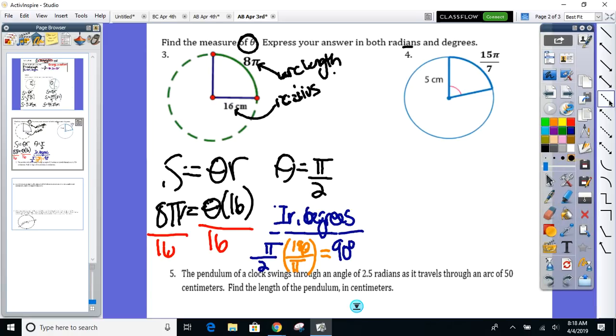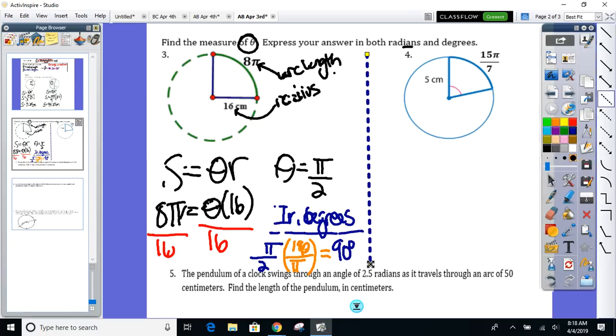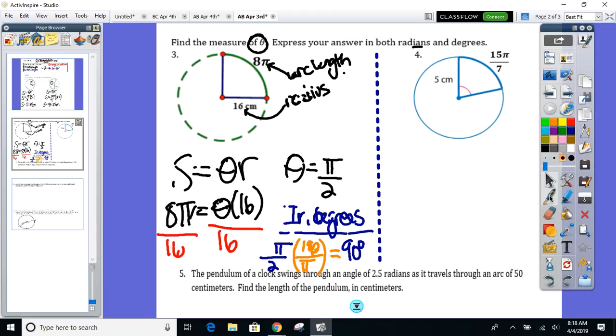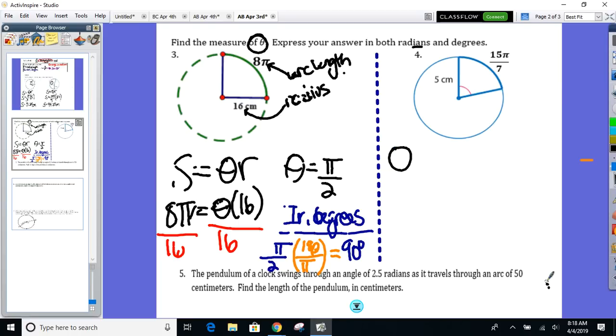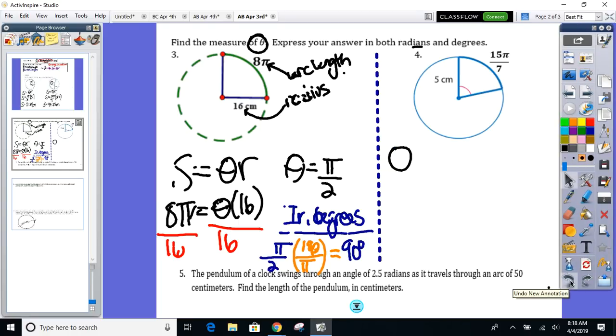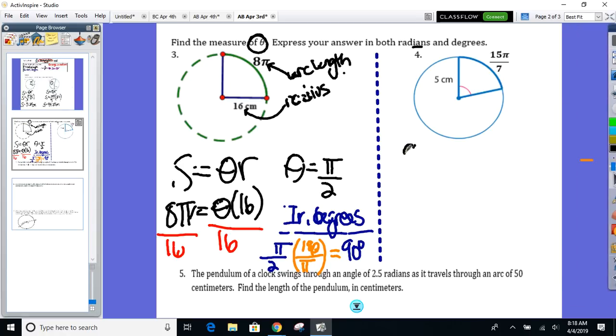All right, next one, same thing. Find the angle in radians and degrees. So I'm going to use S equals theta r.